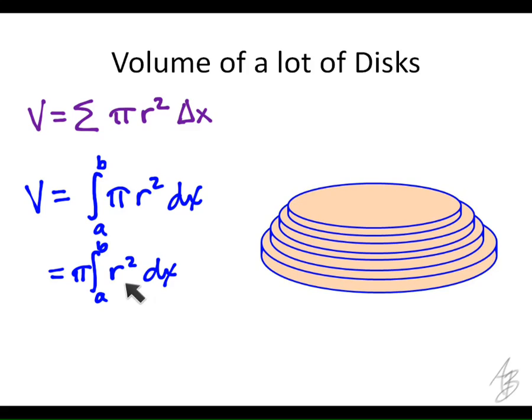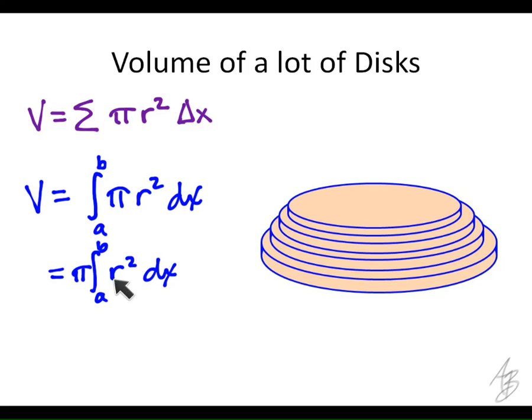One other thing we need to point out here is that r is not an x. Now it seems obvious, right? But r is not constant. The radius is changing. You can see here in the stack that I have radii that are bigger and smaller. But this r, we can't integrate in terms of x. So we're going to have to write this r in a different way. Using what?